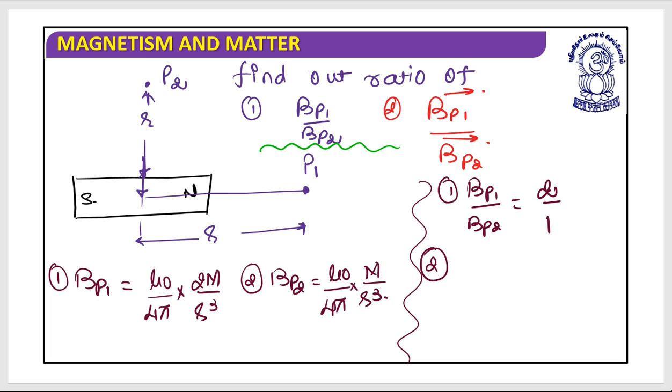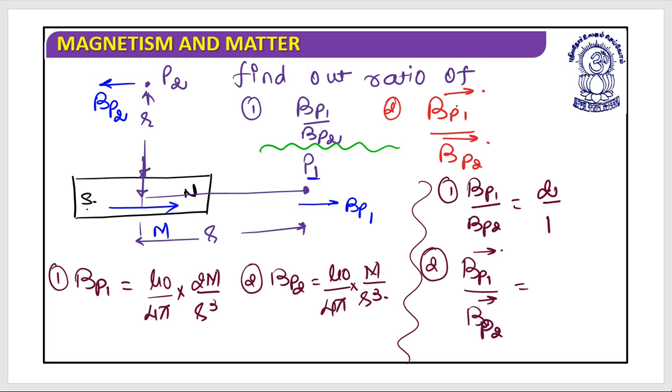And if I take a ratio in vector form, it means I also need to consider the direction. So while I consider the direction, this is south, this is north, so this is the direction of magnetic moment. When I consider the magnetic field at point P1, this would be the direction of the first field, BP1, and this should be the direction of the magnetic field at point P2.